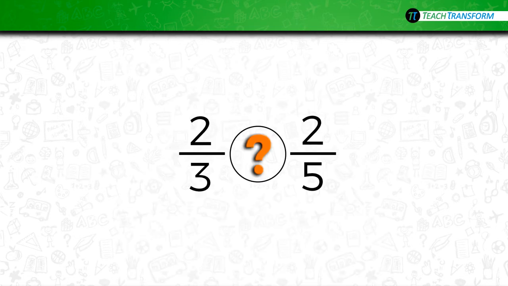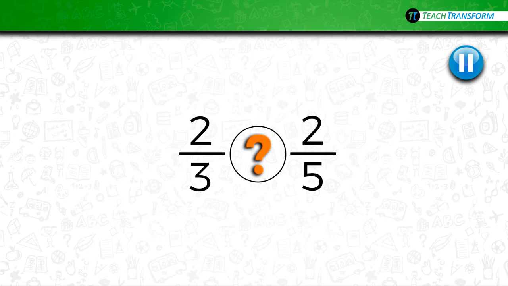Now, which is greater, 2/5 or 2/3? How could you know that 2/3 is greater than 2/5 just by looking at the denominators? Pause the video and discuss this with your team. Why is 2/3 larger than 2/5? How can you know just by looking at the denominators?